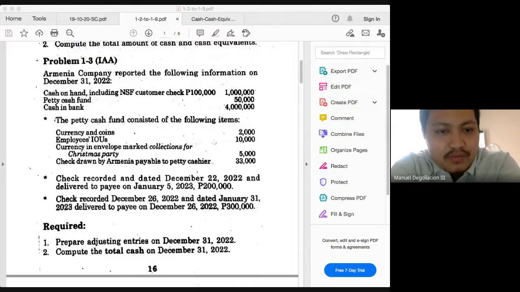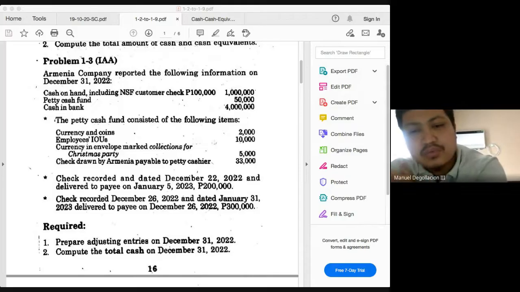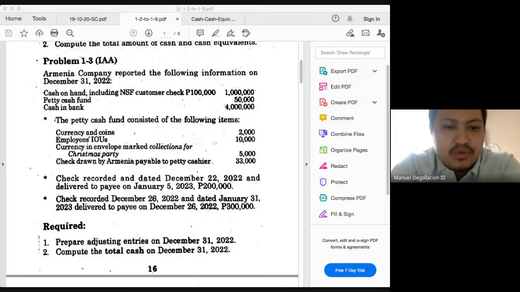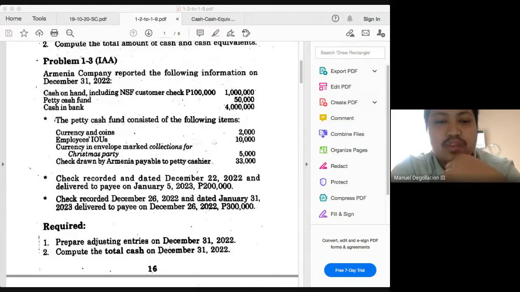But what have we done? We have already recorded the payment, although no actual payment has actually taken place. So to remedy this one, we will have to add back the 200,000 we have previously deducted from our cash in bank balance on December 22. The payment will eventually take effect on January 5, 2023. But again, our concern here is the condition of our cash balance as of 2022.